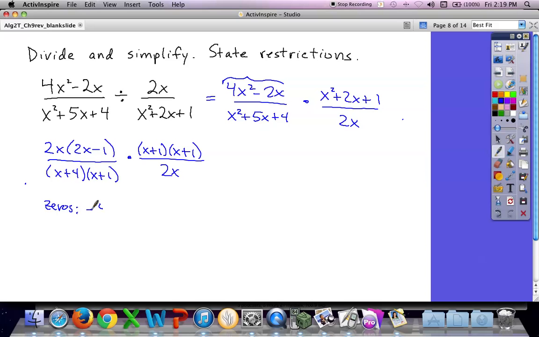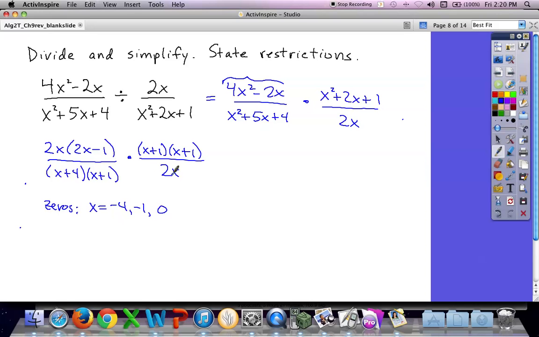But I didn't write down the x. Okay, and we see where the 0 comes from? Right? Because of that x right there. Because if you put in a 0 there, that whole denominator would have been 0. So 0 is a zero.